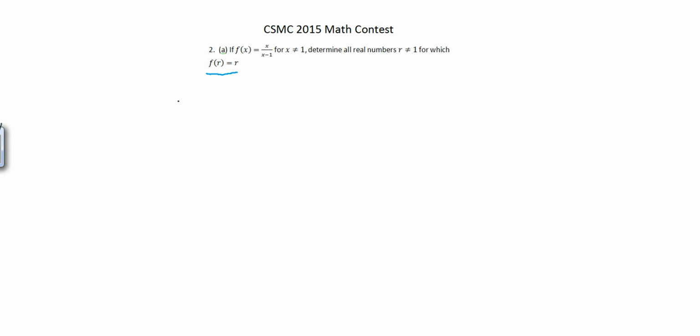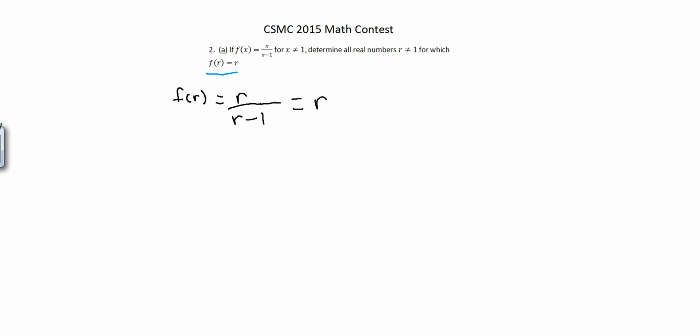So that gives us f of r equals r over r minus 1, and this is going to equal r.